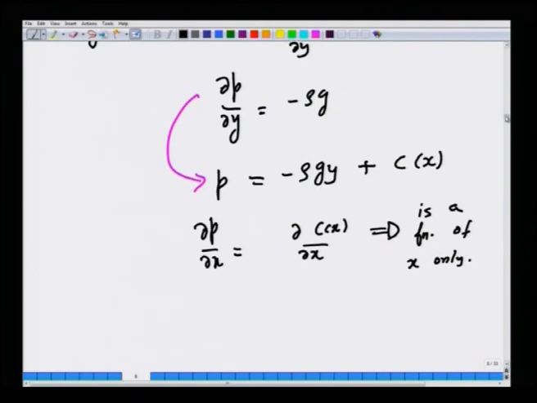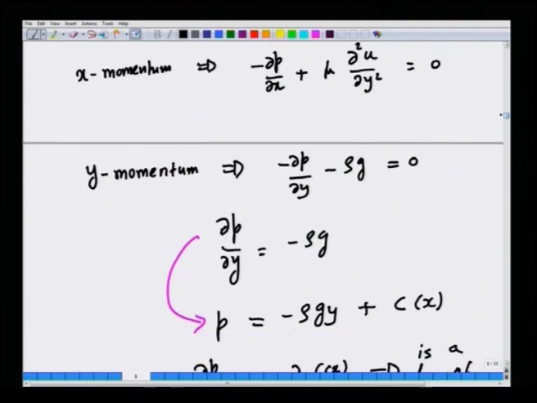So, you look at the x momentum balance: partial p partial x is a function only of x, while u is a function only of y. So, partial squared u by partial y squared is a function only of y.